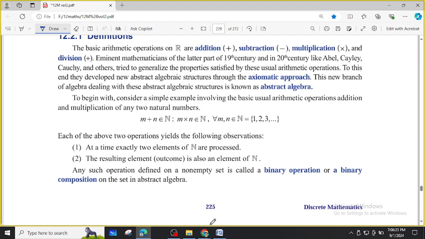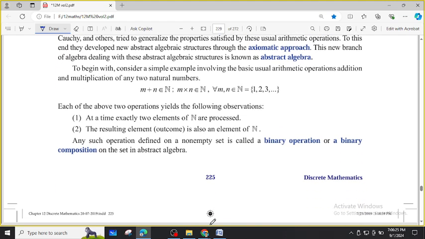It depends upon the set, natural numbers, correct? If you take two natural numbers, 1 and 2, and add 1 plus 2, again it is a natural number, correct? So that is called addition.